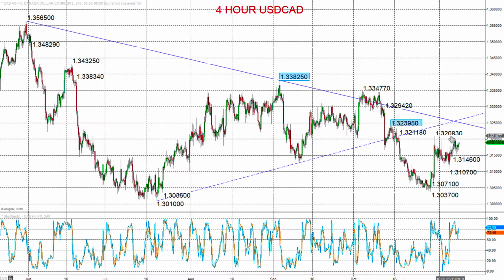Challenges up to the 132.08, 132.12 area, maybe higher to this critical 132.40 level, potential for that today going into the Canadian employment report. Only down through 131.46 would signal a more negative tone for US dollar Canadian dollar today.